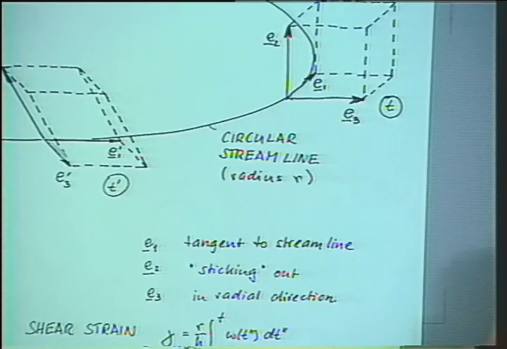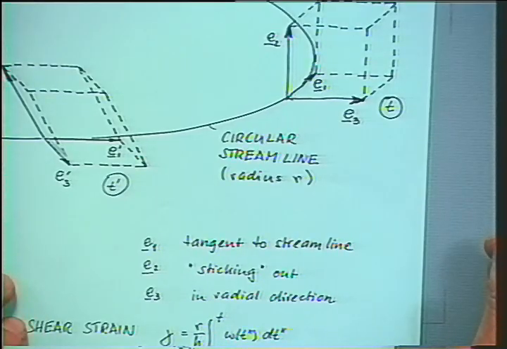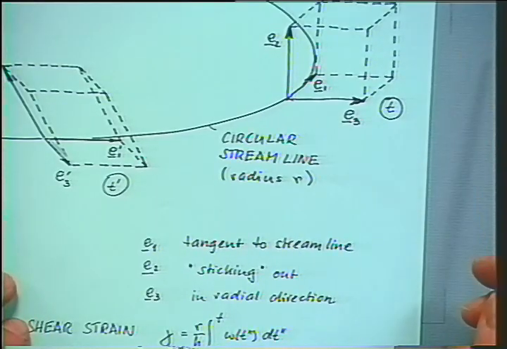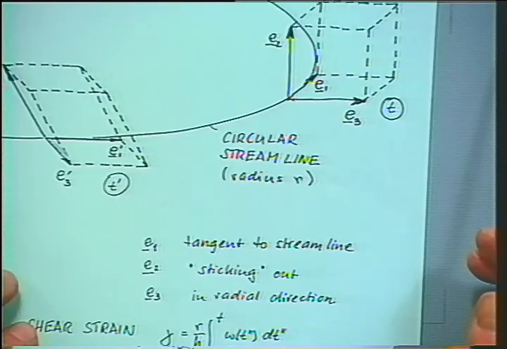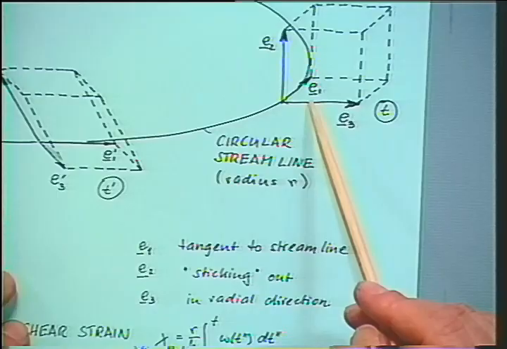Later on, we will look at the components of the stress tensor in curved coordinate systems. And then we will apply forces on a curved surface. And there's a difference. Now you will see that when we look at the stress tensor components. But for the strain, curvature has no effect on our description with this material element.